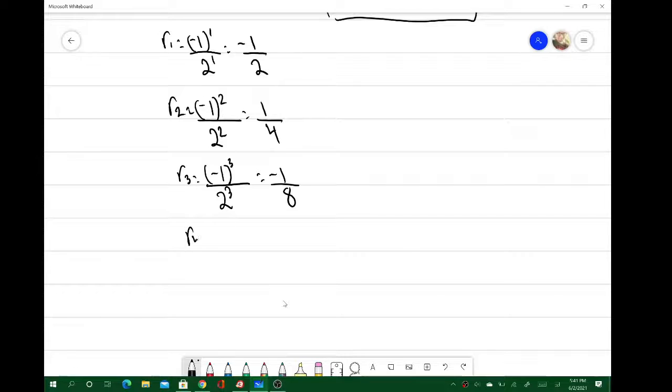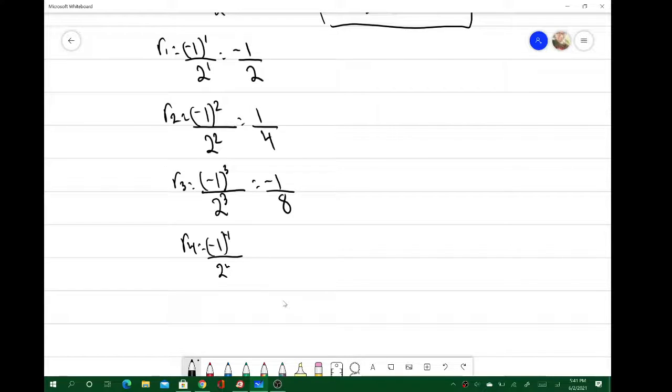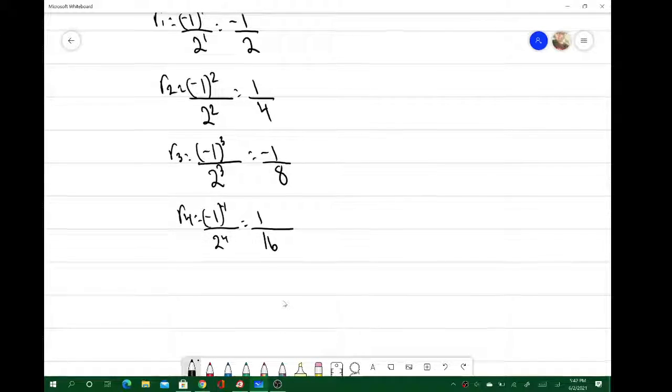And then r sub 4 is -1 to the fourth power over 2 to the fourth power. That's just 1 over 16.